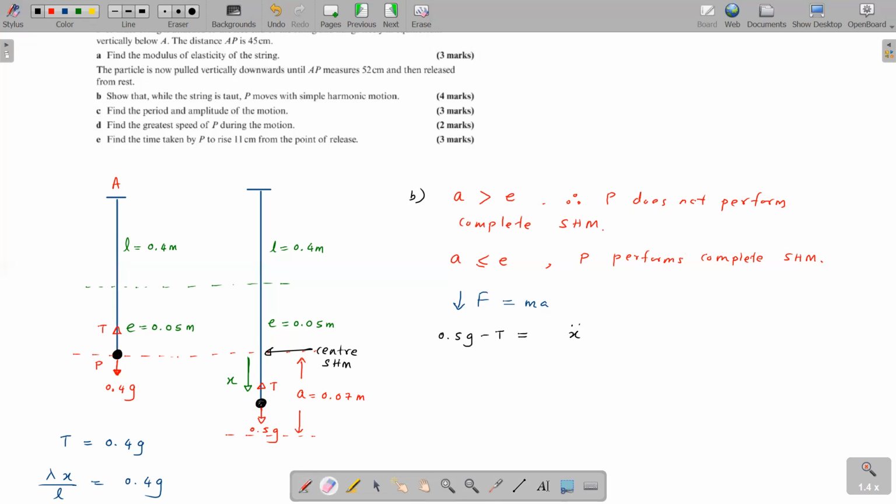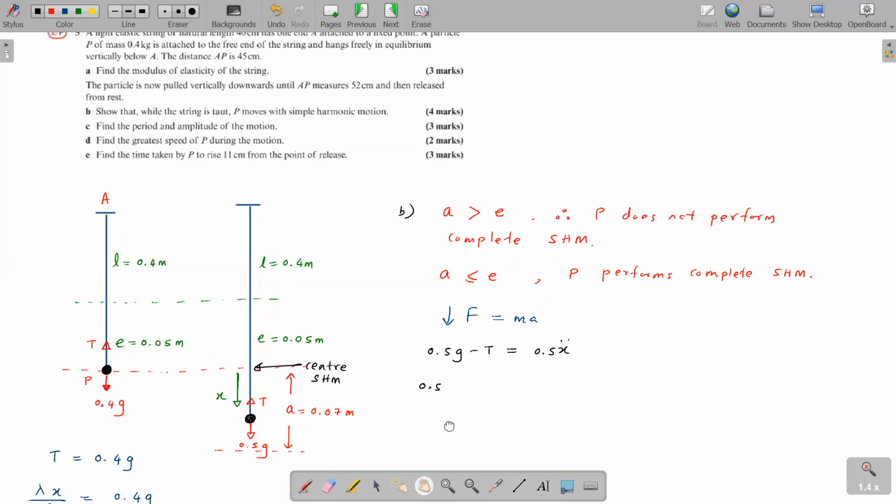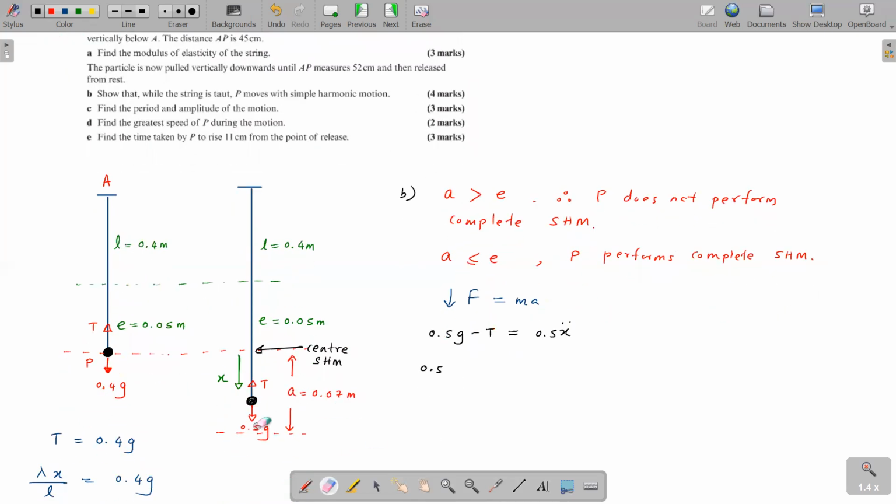Mass is 0.5. Sorry, mass is 0.4. So this should be 0.4 g. So 0.4 g minus tension, where tension is lambda x over L.